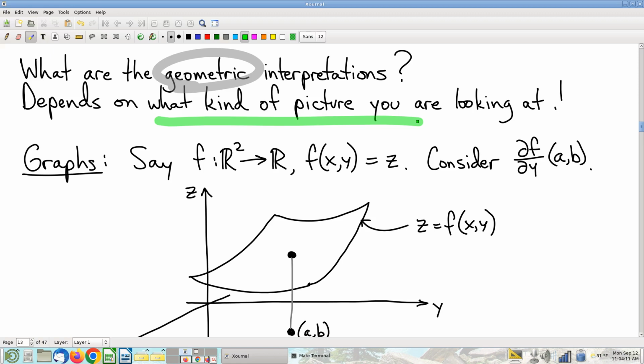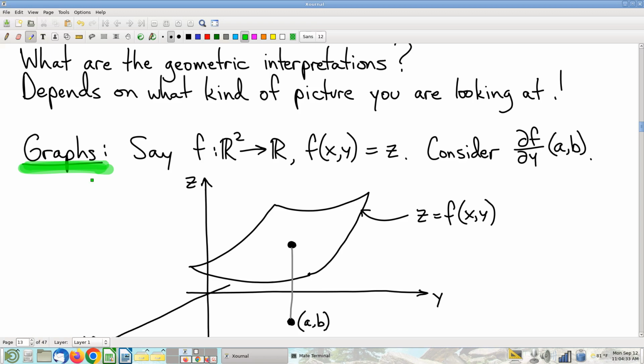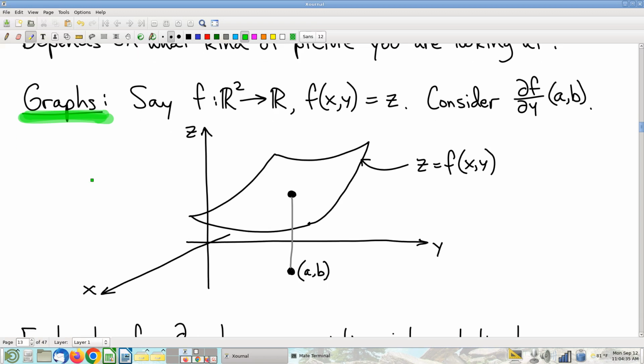That's very, very important. So we're going to start off thinking about what this looks like in the context of graphs. What does a partial derivative look like on a graph? There is a totally separate question, which is, what do partial derivatives look like on level sets?